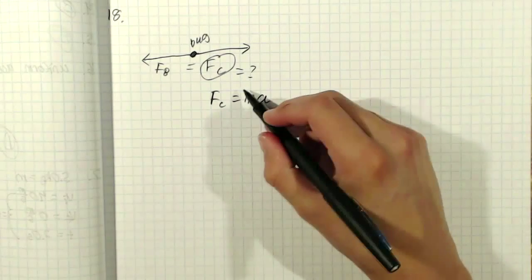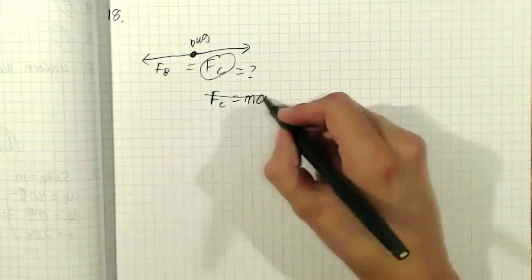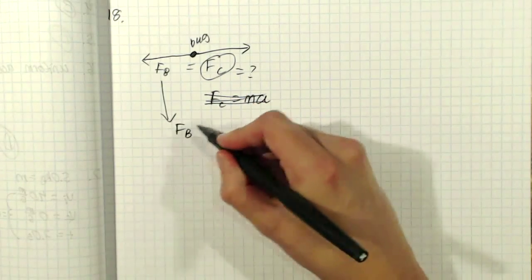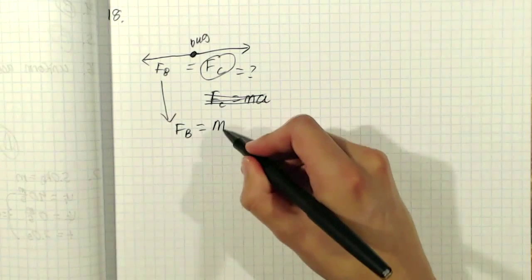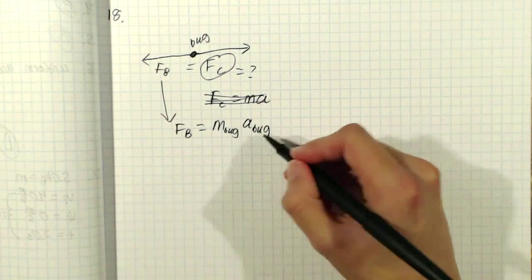We are looking for the force that the bug exerts on the car, which is the mass of the bug times the acceleration of the bug, which they give us.